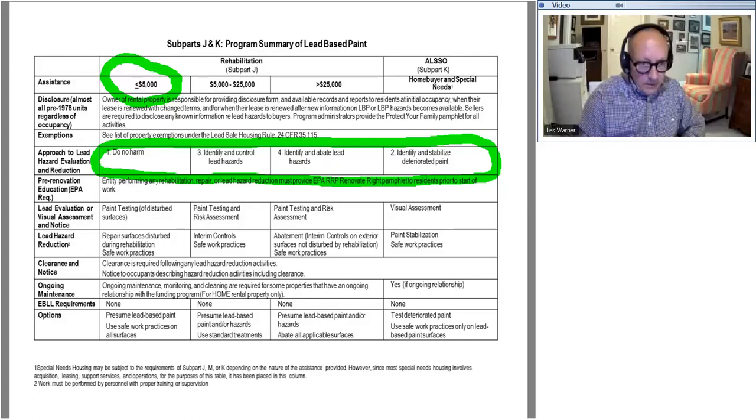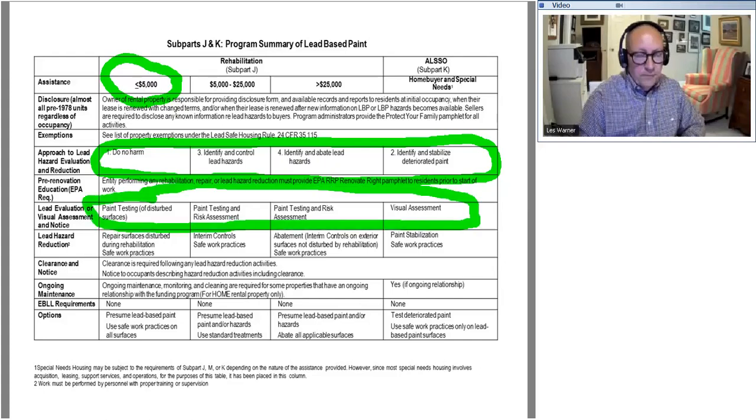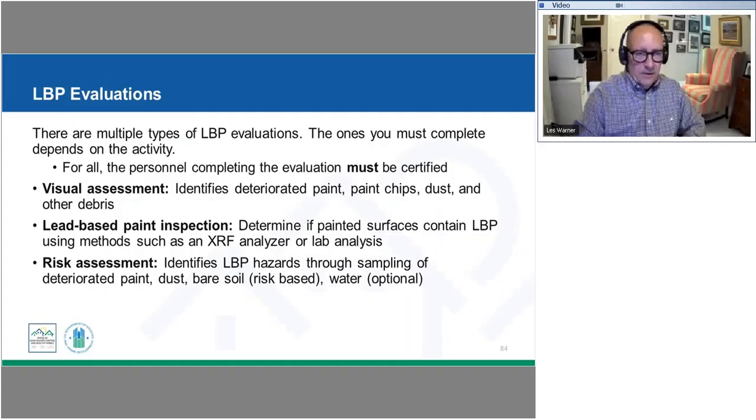And so when we looked at our evaluation examples, if we are under 5,000, then we're talking about paint testing, and that's of the disturbed surfaces. And then for both 5 to 25 and over 25, we're going to be doing paint testing and a risk assessment as part of that. Go ahead and clear these, and we'll go back to our slides.